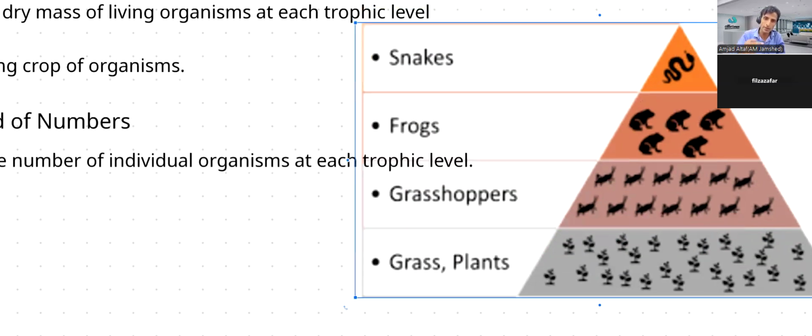So you can see the pyramid is going upward like this, upright. This is the pyramid of number in upright form. But remember, sometimes it is inverted as well. It depends on the ecosystem and on the biomass, how much we have.